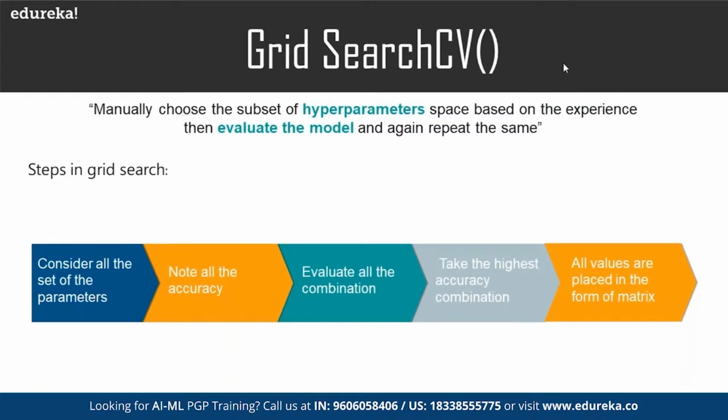These combinations we usually call bagging and boosting, the ensembling methods that we see in the slides. The values get placed in the form of matrices. That is why we call it grid search. We go on to search grid-wise.